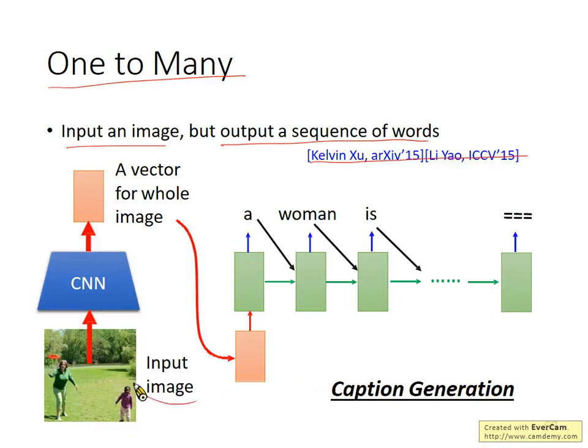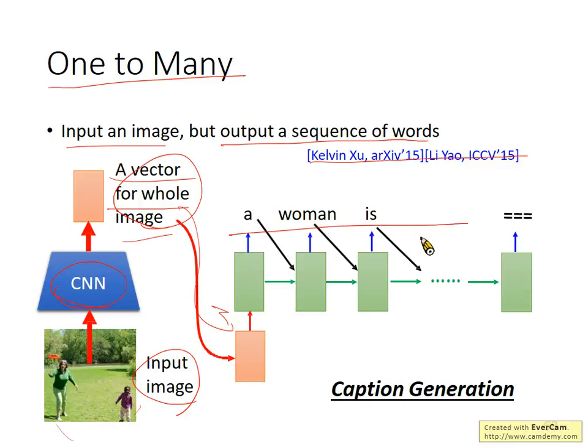The input is an image, and we can input this image to a CNN model so that we can extract important features. So we can represent the image by a vector, and then we input this vector into an RNN, and this RNN will output a sentence describing the input image. So we may output "a woman is playing frisbee" or something.